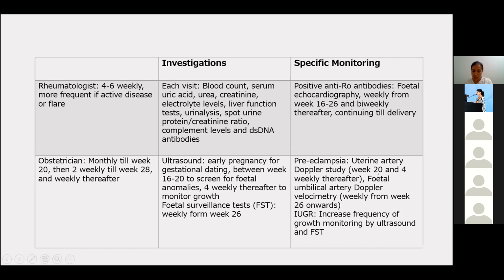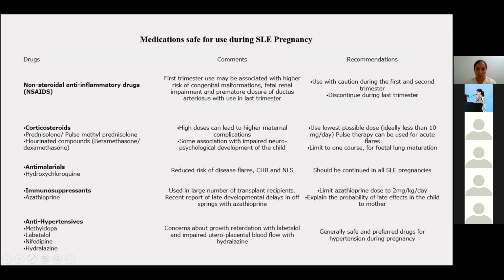So these are the more sophisticated tests which are not available sometimes in our setup. So this is a list of medications which are safe to use in SLE pregnancy.